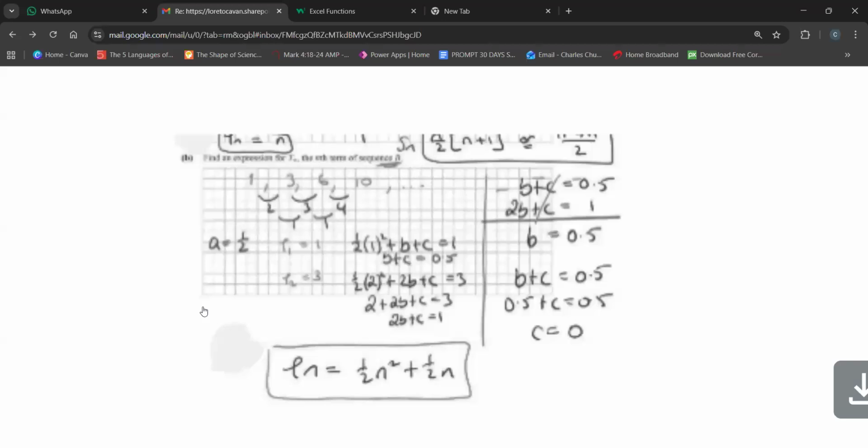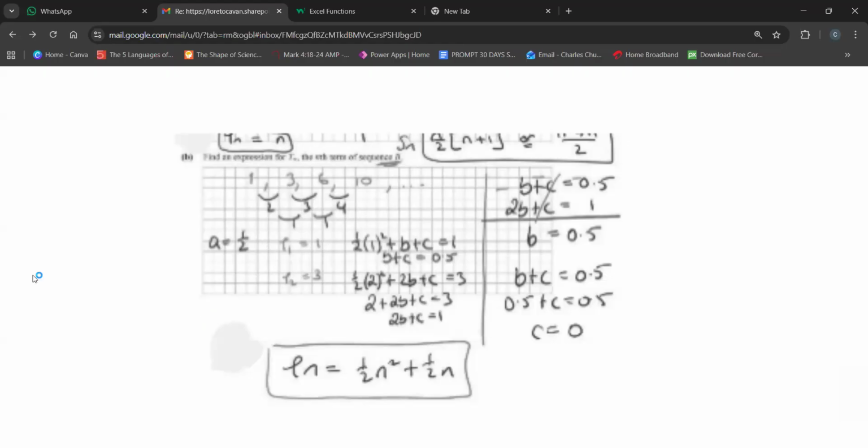Okay, so the formula was a n squared plus b n plus c. Let me try and see if I can remember that.